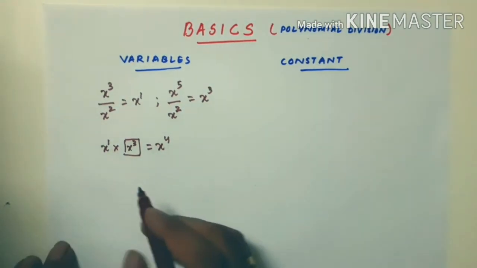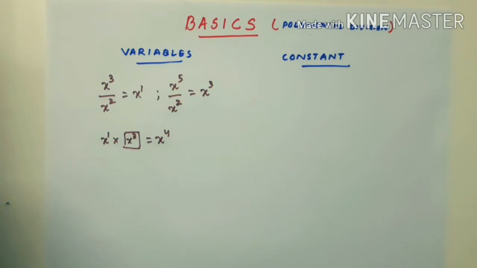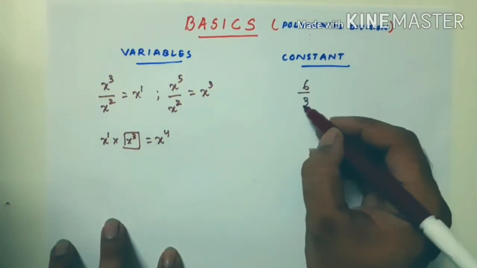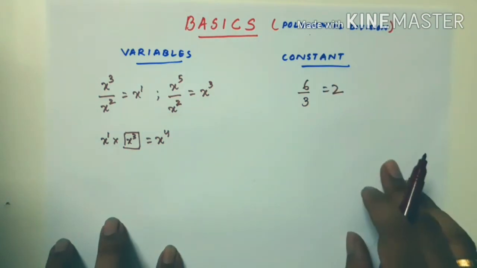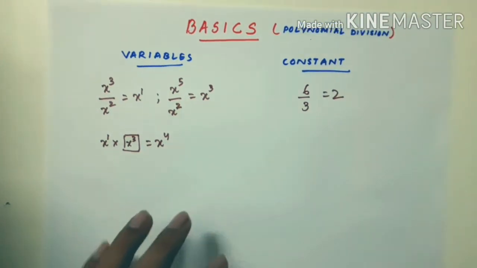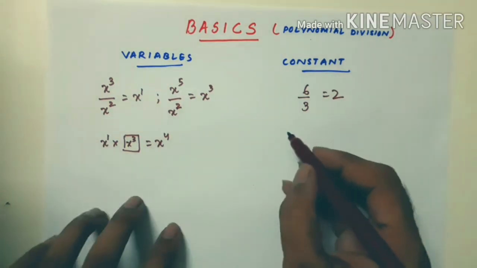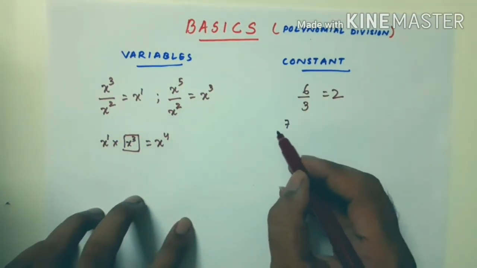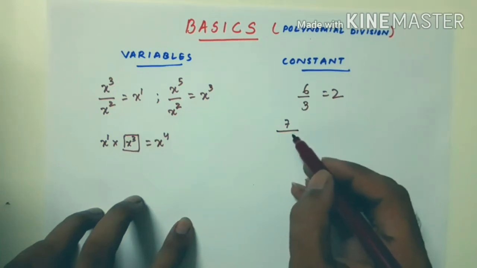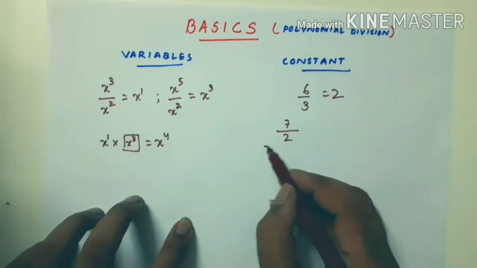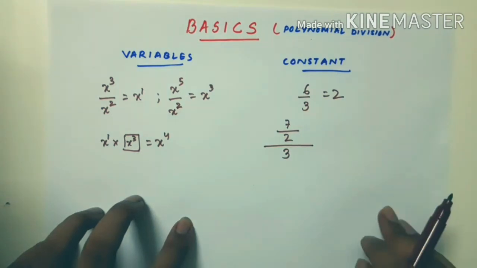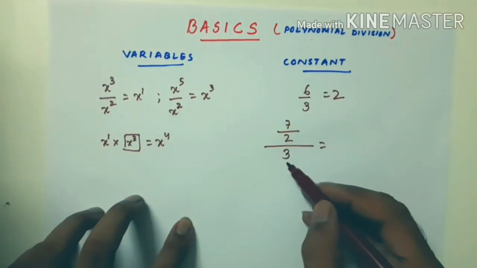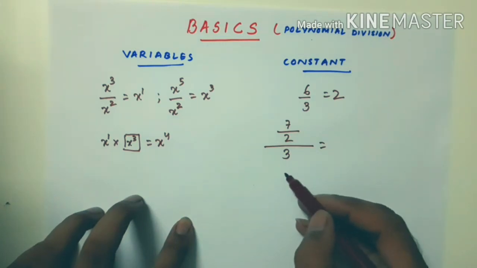Next, as discussed, constants will be divided by constants. Suppose we have a constant 6 divided by 3, we get 2. That is obvious. In some cases there will be a fraction divided by a whole number. Suppose we have 7 by 2 divided by 3. In this case, 3 can be written as 3 by 1.